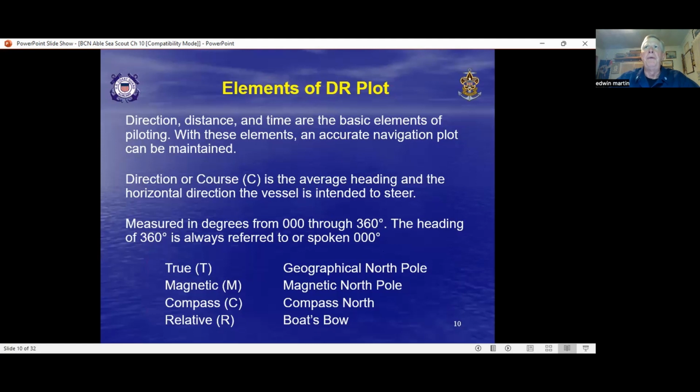If you're going to write the course above the line, you usually start with a C, the course in degrees, 3 digits, and if you're doing it by compass, you'll follow it with a C. If you're doing magnetic, you'll put an M after the course itself. Measured in degrees, 0 through 360. A heading of 360 is always referred to as 000.